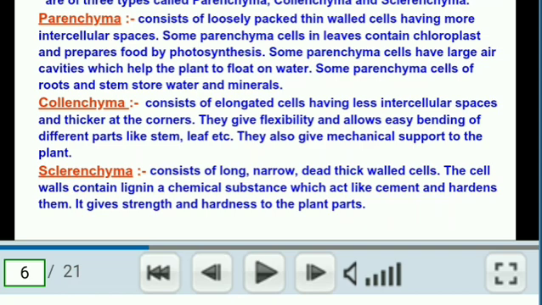As you must have seen on the coconut husk, the tissues present on the coconut husk are sclerenchyma.